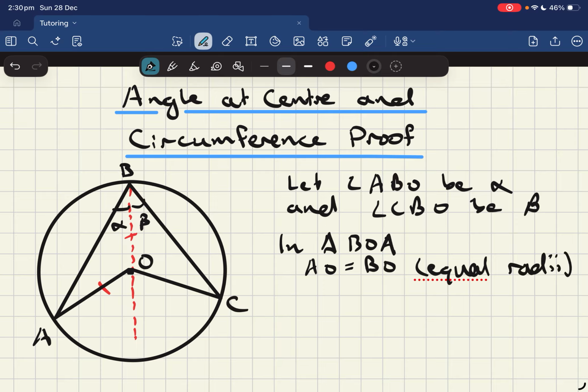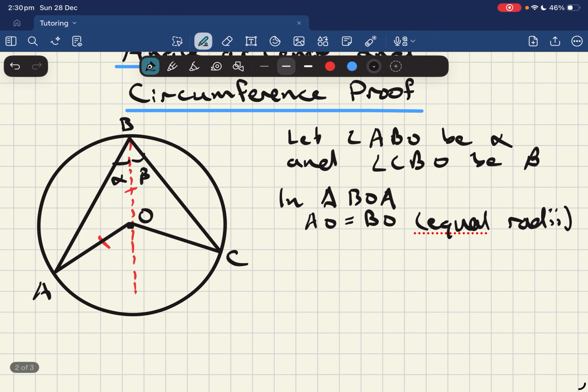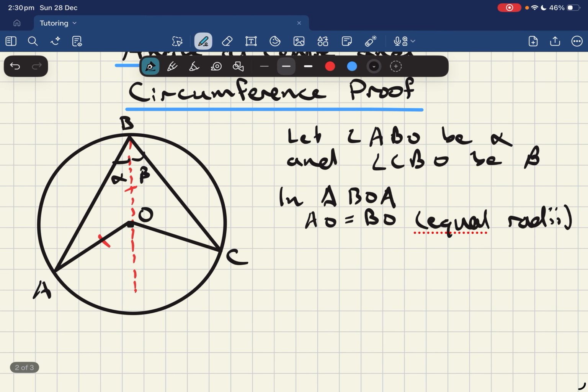Okay, now with this in mind, we can say that angle OBA or ABO equals angle BAO. So we can say angle ABO equals angle BAO.